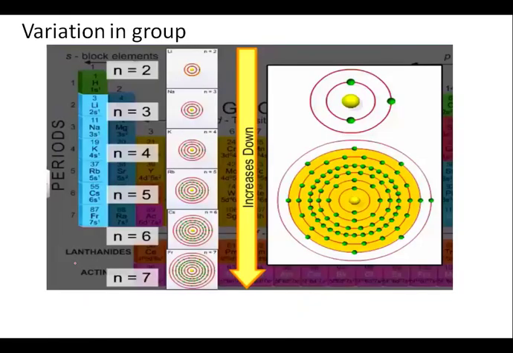Now how do atomic radii vary in the group? When we move down the group, atomic radii increases, or the size of the element goes on increasing. If we analyze group 1, lithium is given, sodium, potassium, rubidium, cesium, francium.